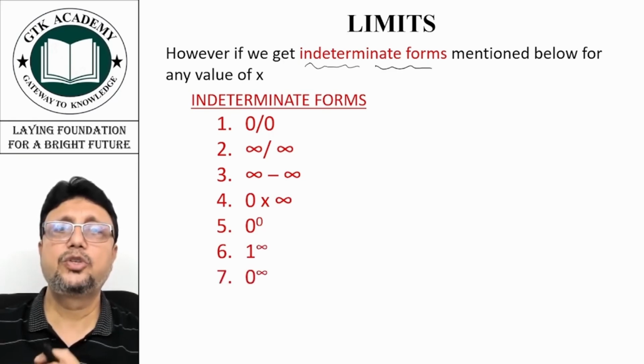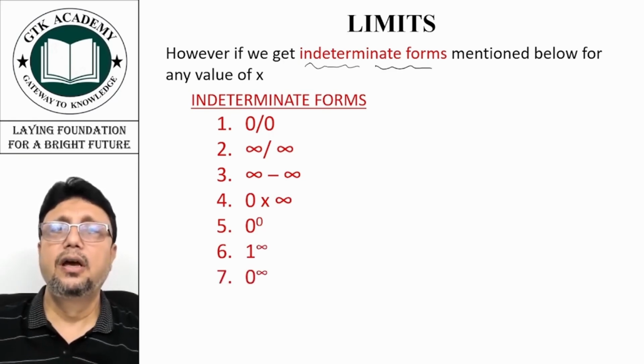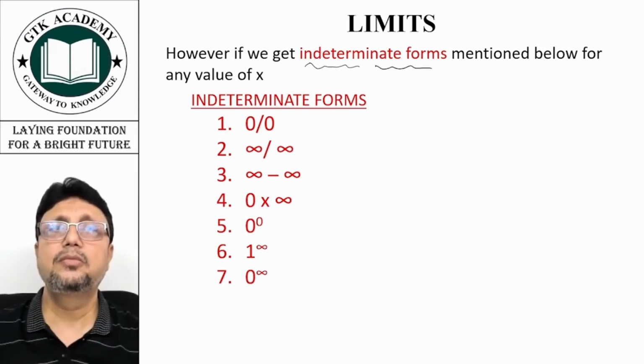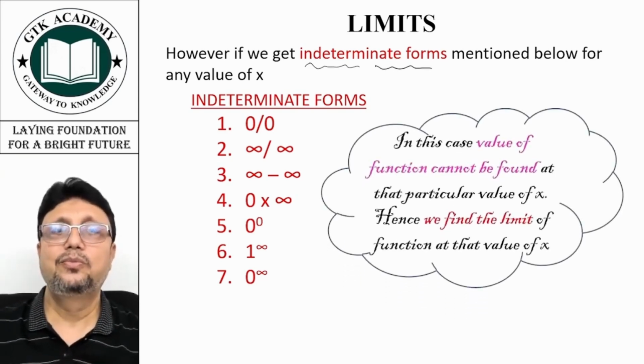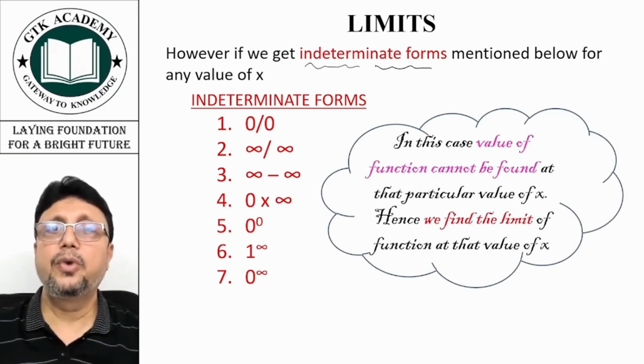And infinity raised to the power 0. If we get indeterminate forms like this, then there is a problem. Then we cannot find the value, because these are indeterminate forms, not defined.